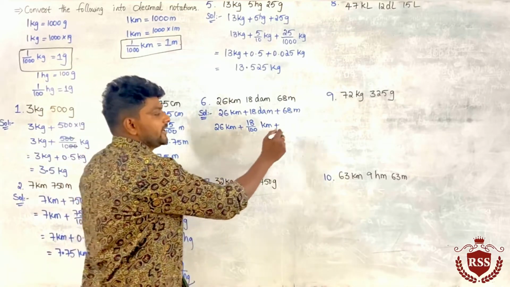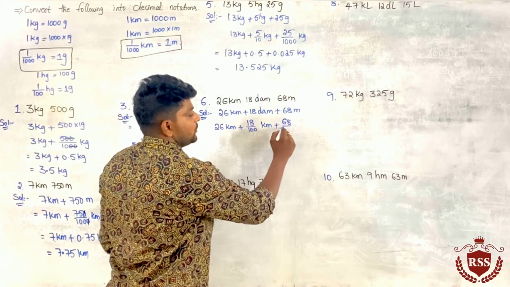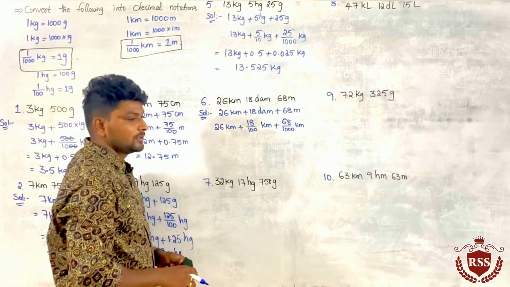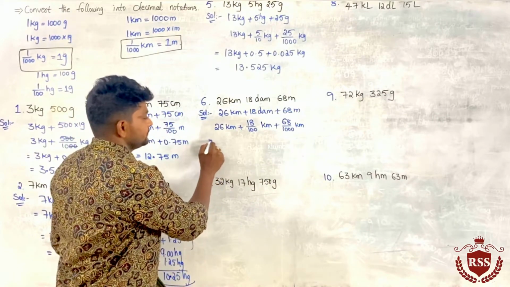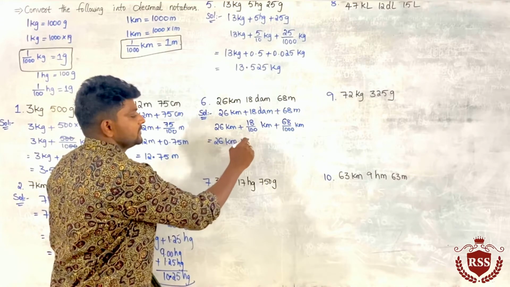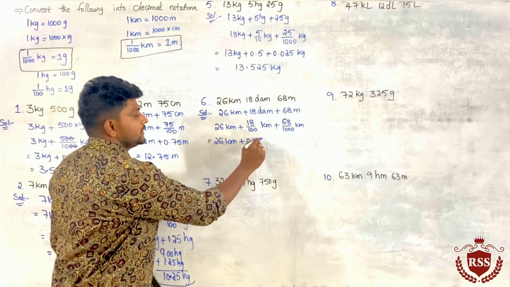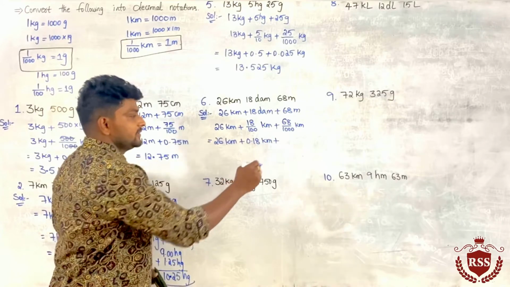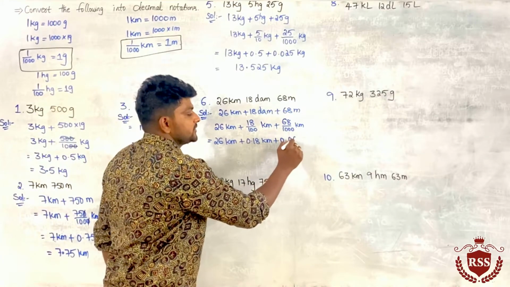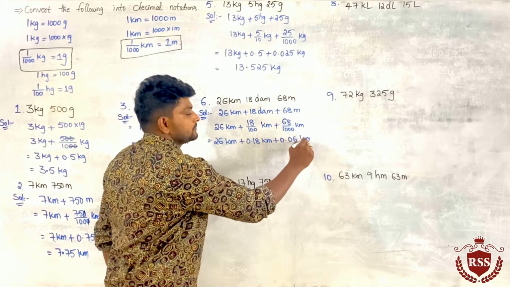So it will be divided by 1000. 68 by 1000 will be converted into kilometers. Now what is the value here? 26 kilometers plus 0.18 kilometers. If we divide by 1000, it will be 0.068 kilometers.